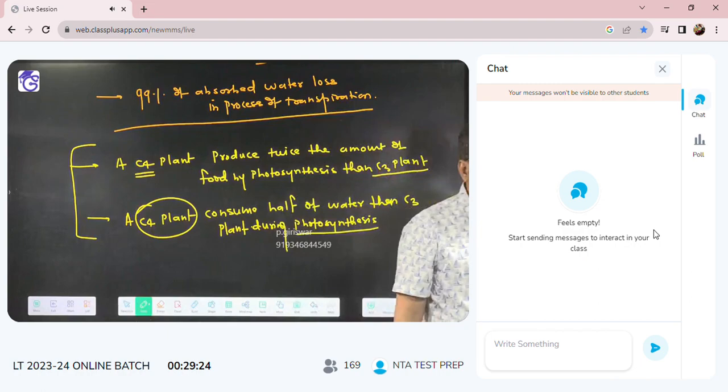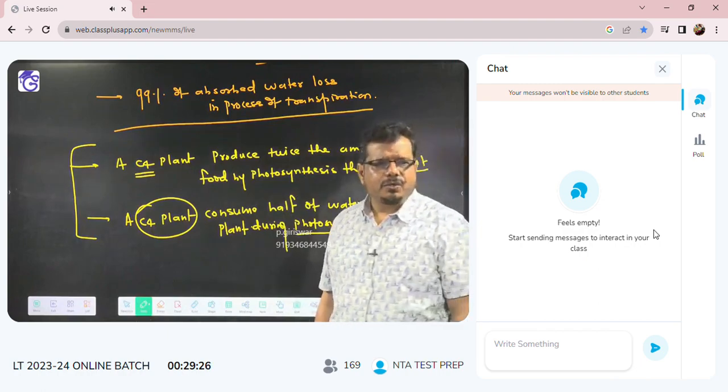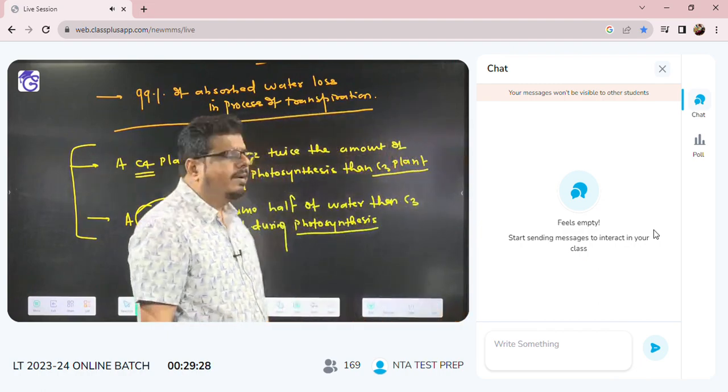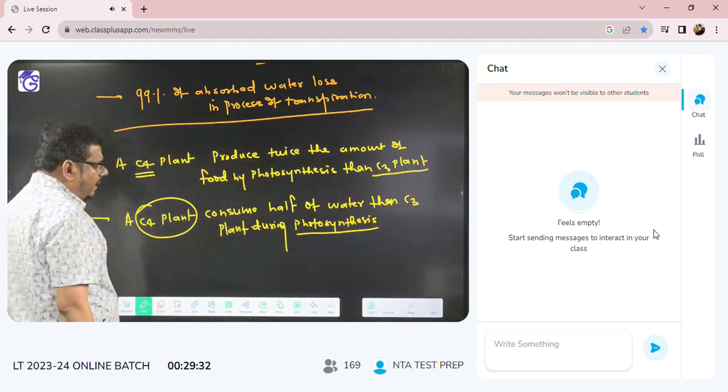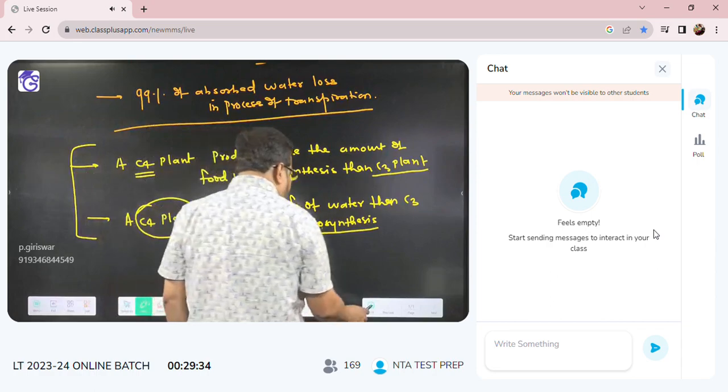Clear in the mind? Photosynthesis means CO2 fixation. So double the CO2 fixation and half the water loss.